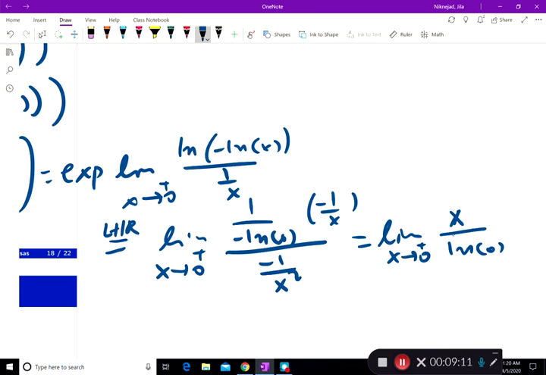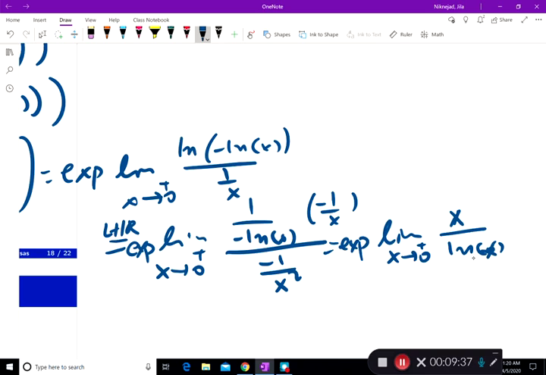0, oh, there is something missing. Exponential is missing. As x approaches 0, ln of x is going to approach negative infinity, and so it would be 0 over infinity.